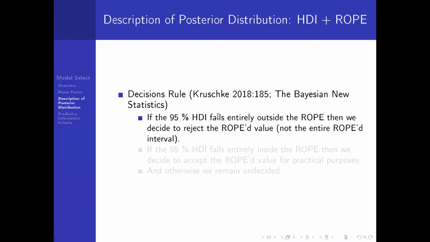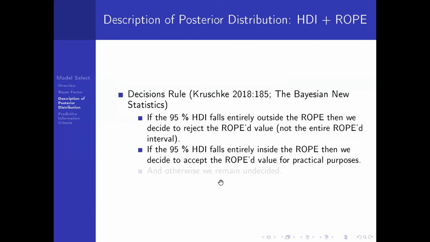So according to Kruschke, on this decision rule, if the 95% highest density interval, okay, that is, the overwhelming majority of the posterior distribution, falls entirely outside the ROPE, okay, then we decide to reject the ROPE value, that is the null value. Well, not the entire ROPE interval, but the ROPE value, in most cases will be 0, but it does not have to be 0.